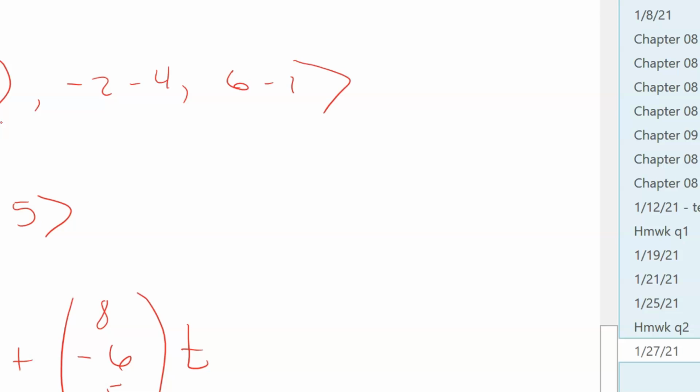I lied. So there's like 4 combinations of answers that you could get, right? Using the first point as P1, and then whichever way you did the subtraction to get V. And then the other 2 would be the second point as P naught, and then either way of doing the subtraction to get V. So there's like 4 possible answers here.